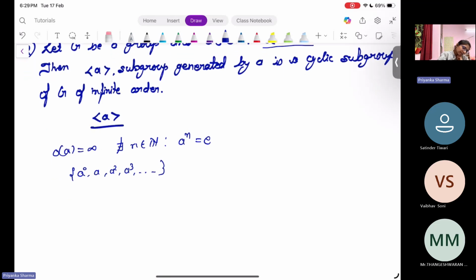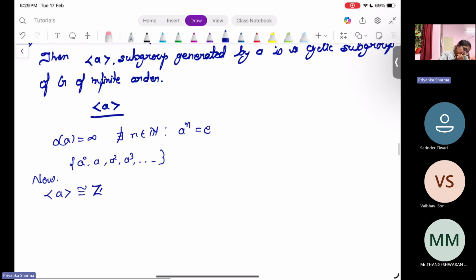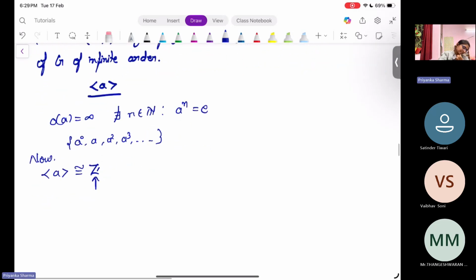Now, an infinite cyclic group is isomorphic to which group? Whenever we have an infinite cyclic group, it is unique up to isomorphism, and it is isomorphic to Z, the set of all integers with the addition operation. This has infinitely many elements; the order of Z is infinity.